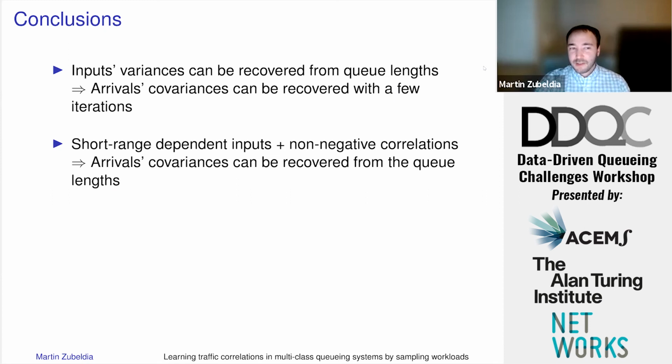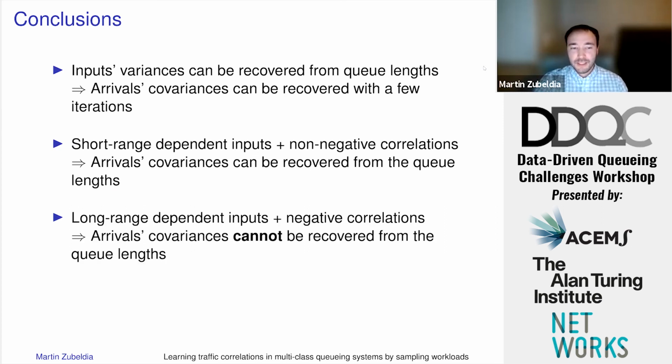In some cases, for short range dependent inputs and non-negative correlations, the covariances of the arrivals can also be recovered from the queue length in one shot. We also showed that these things work in practice, even with finite buffers and few samples. And in certain cases, like long range dependent inputs and negative correlations, the covariance cannot be recovered from the large deviation behavior of the queue lengths.